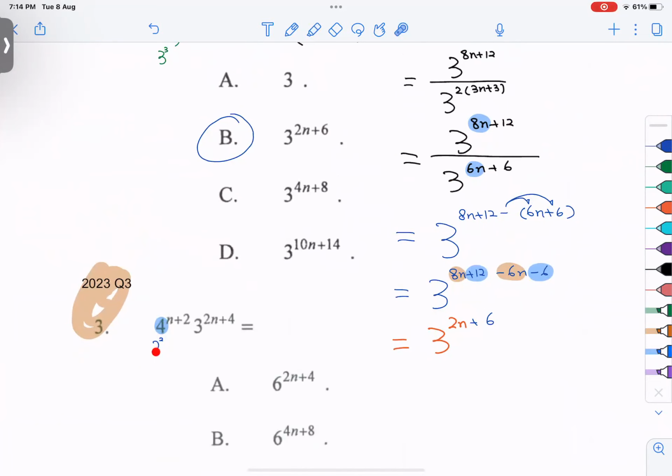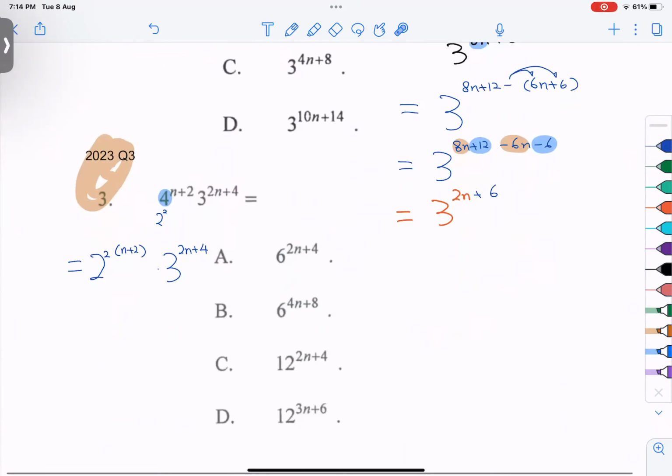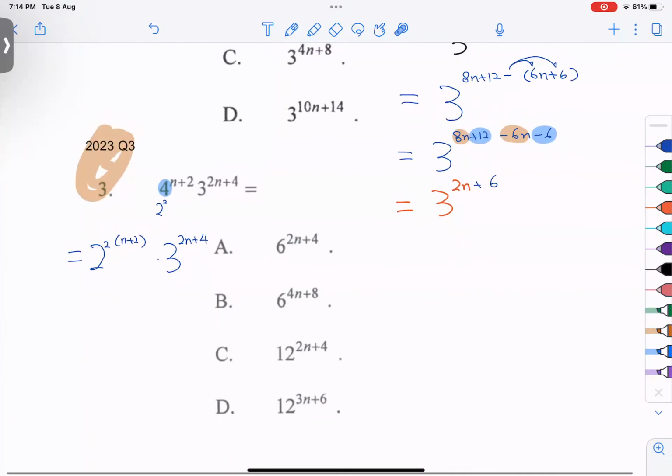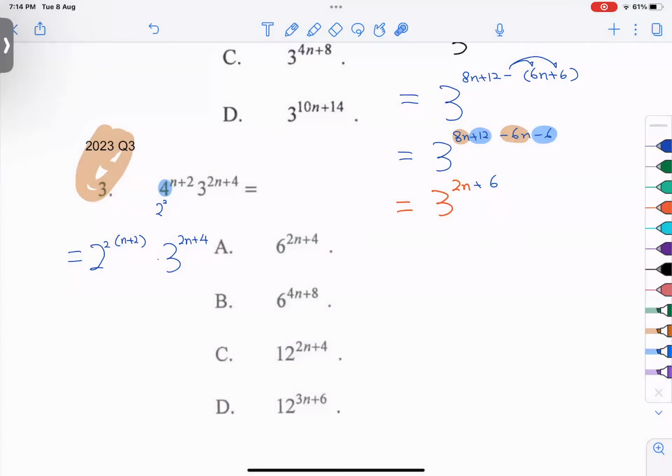So 4 can be replaced by 2 squared. So let's do that part first. And then open up the bracket. See what you get. And then see if there's anything the same on both sides. If the powers are the same, you can take that out. If the bases are the same, you just keep it there.